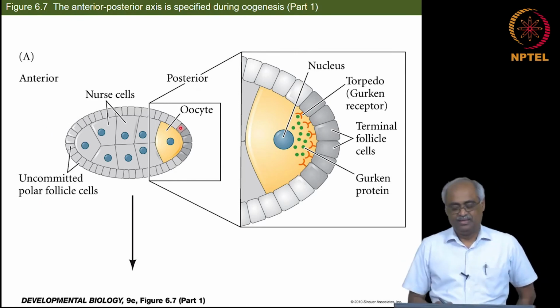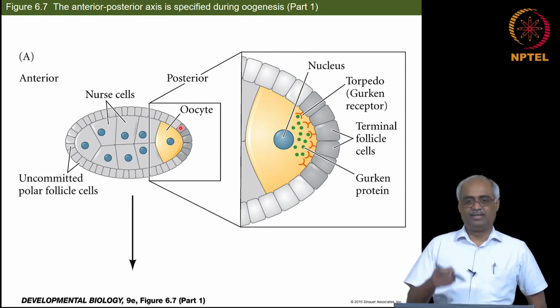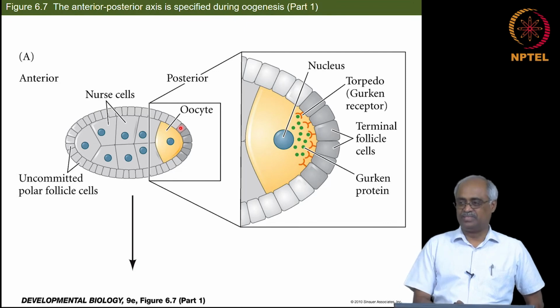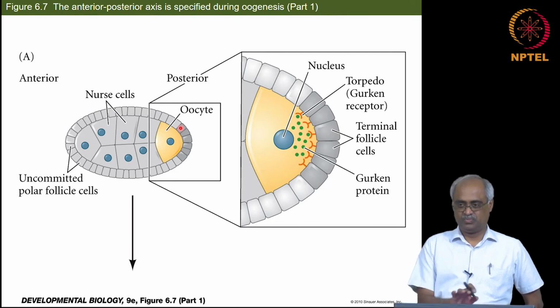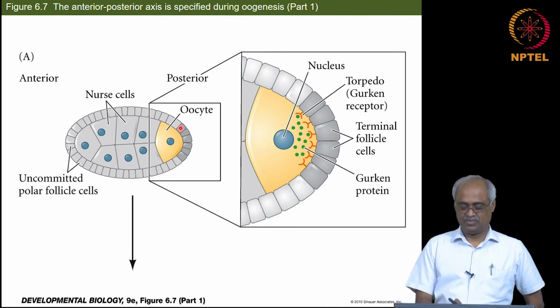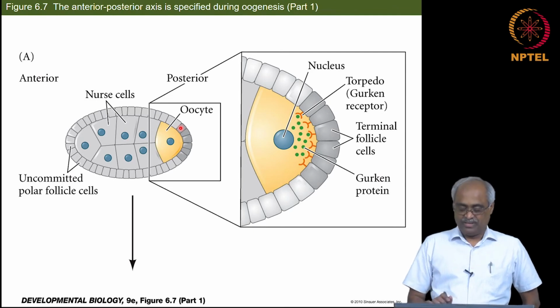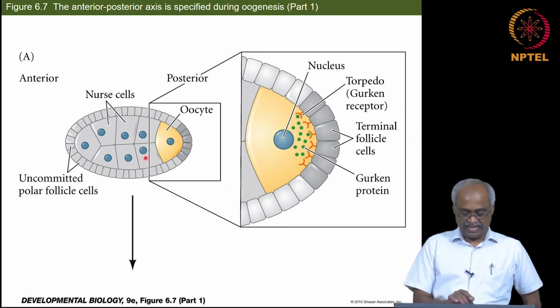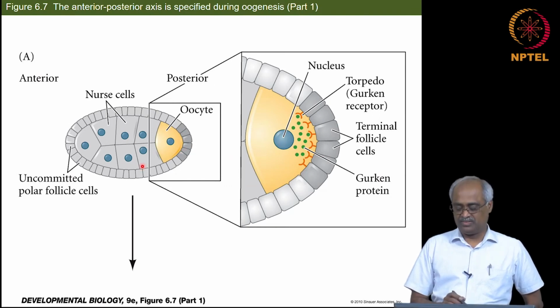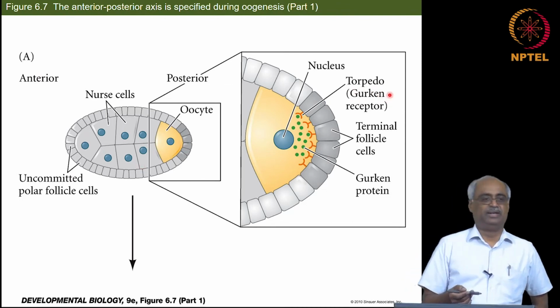Now we are going to make the top, bottom, front and back for the oocyte. No sperm yet. It is not yet a zygote. So, it so happens that among all the outputs coming from the nurse cells, one of them is a protein called Gurken. So, Gurken mRNA, basically.